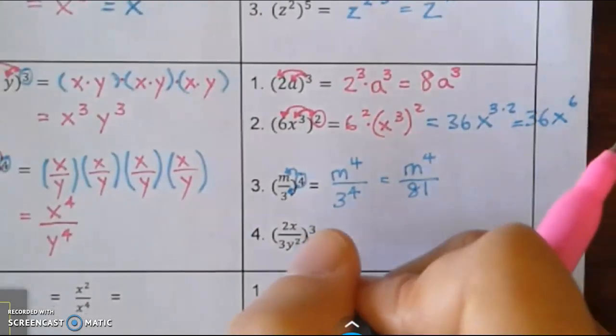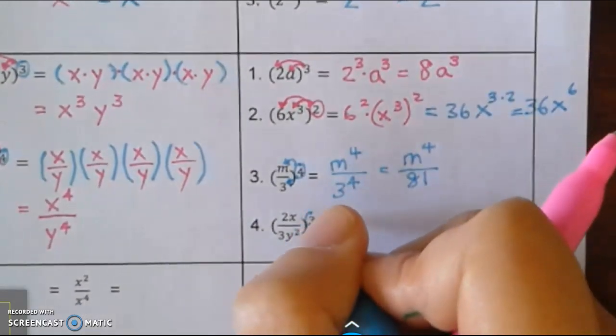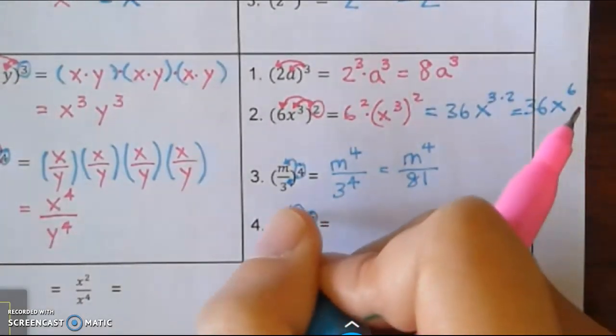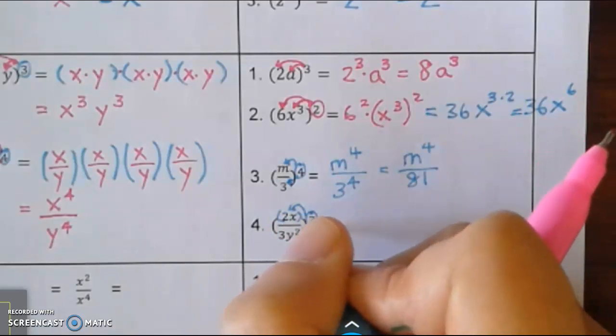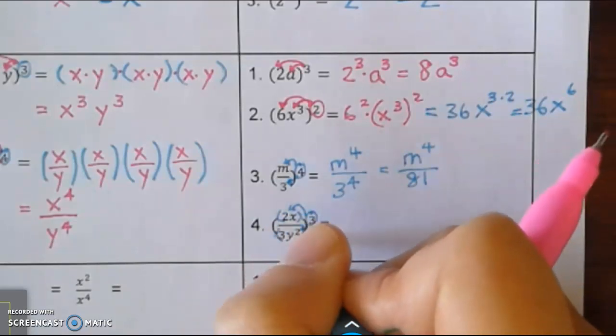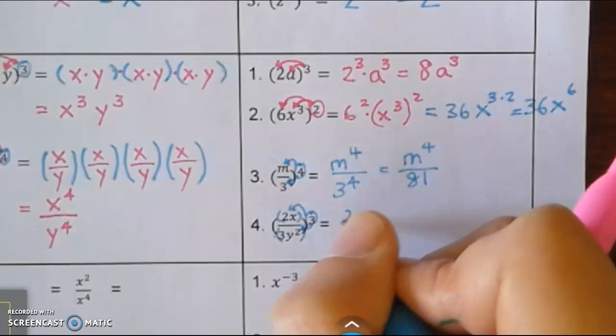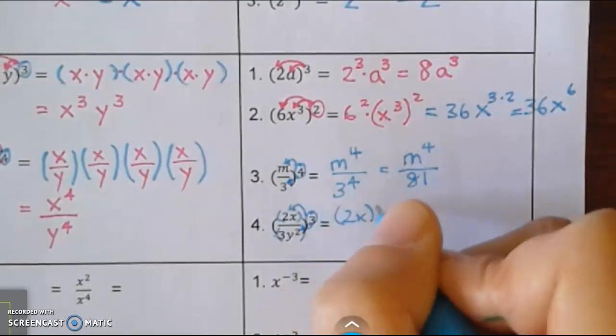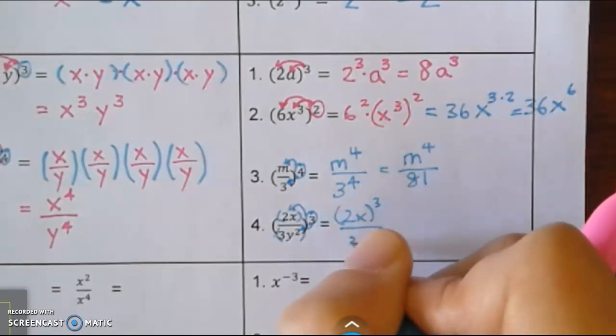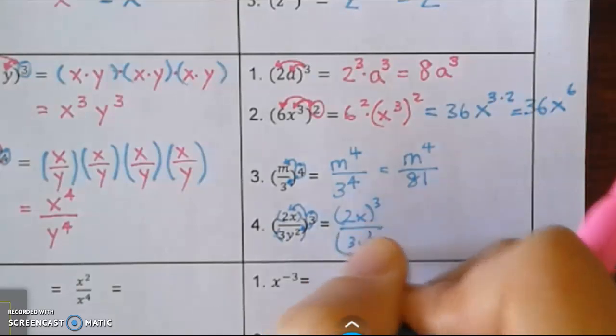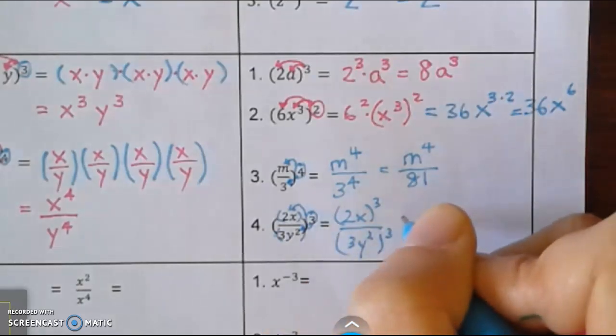And then lastly, this one, 3 needs to be applied to both 2x as well as to the bottom part, 3y squared. So that's like saying 2x has to be raised to the power of 3 and 3y squared has to be raised to the power of 3.